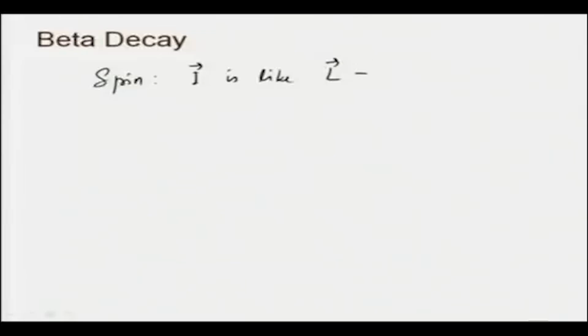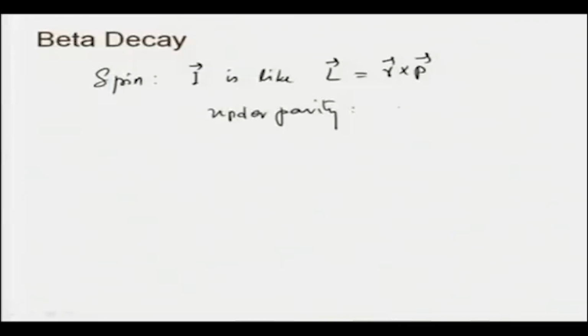We will write L as R cross P classically. These properties remain the same under quantum mechanics as well. So, what happens under parity? By the way, parity is the operation of inversion of space coordinates.